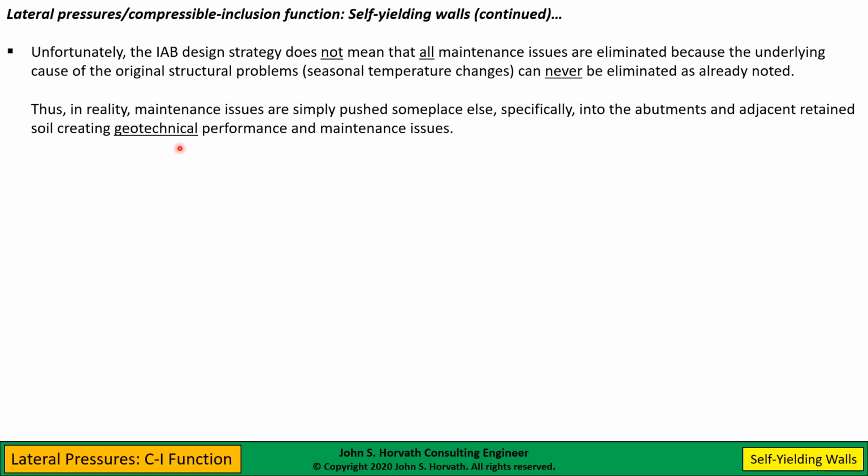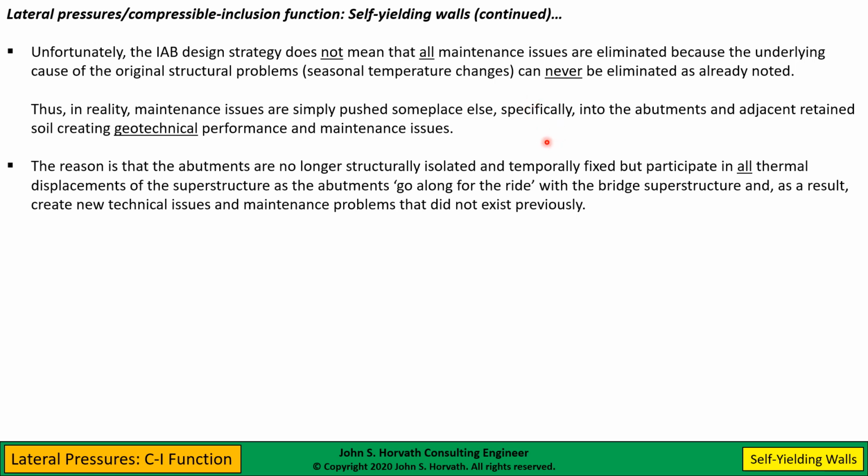So new geotechnical performance and maintenance issues are created. Simplistically, the integral abutment bridge concept says, okay, we've eliminated a structural maintenance issue, but now we've created a whole new geotechnical issue. Actually, there are two issues, as we'll see, that didn't exist previously with traditional jointed bridges.